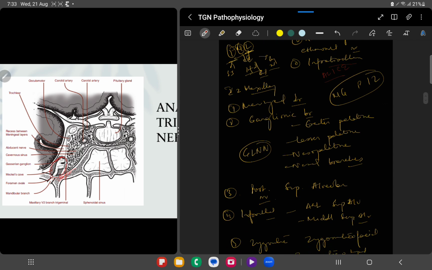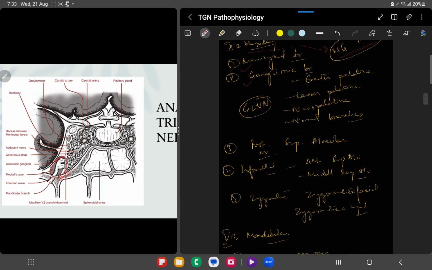Now if we go to the maxillary division, we can remember the branches with the mnemonic MGPIZ. M for meningeal, G for ganglionic, P is posterior superior alveolar, infraorbital and zygomatic.